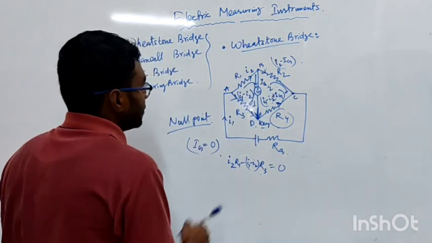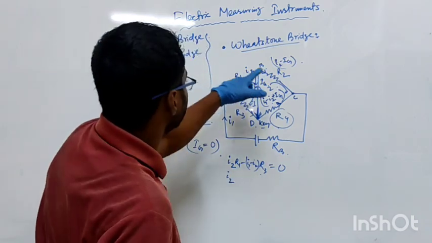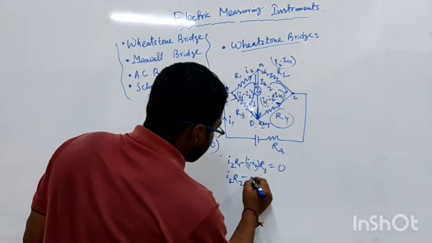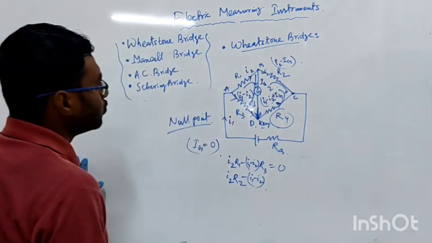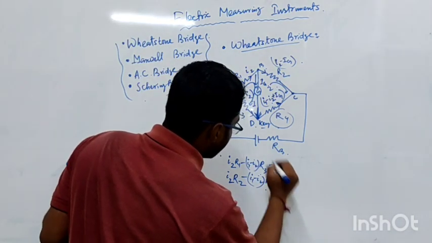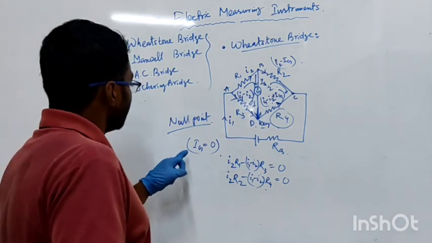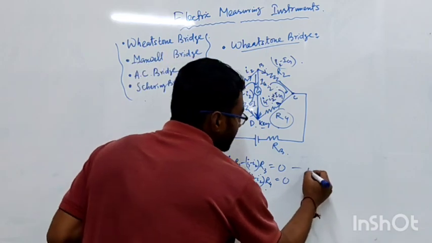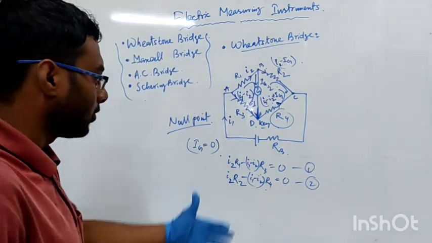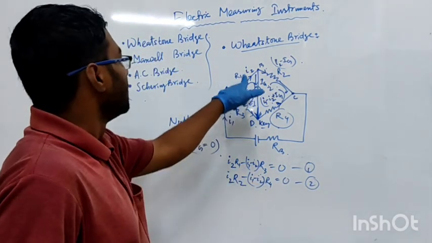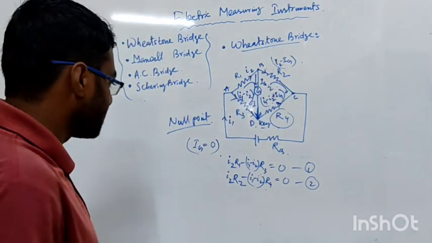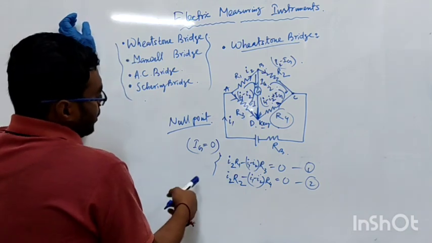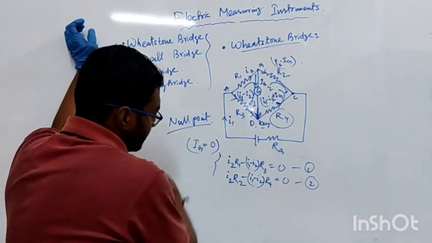And in another loop, I2 into R2 minus (I1 minus I2) into R4 will be equal to 0. Here Ig is equal to 0, which means we have already found the null point. These are the two equations we get from Kirchhoff's voltage law for loop 1 and loop 2. Subsequently we can get the condition that satisfies nullity.